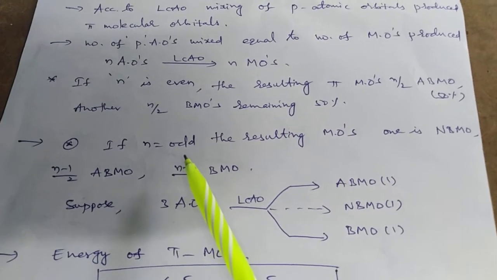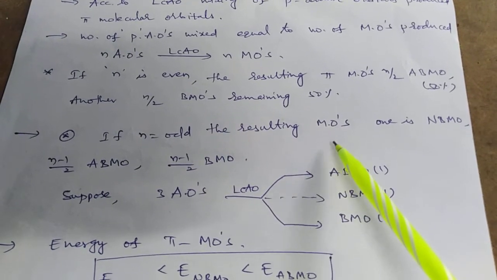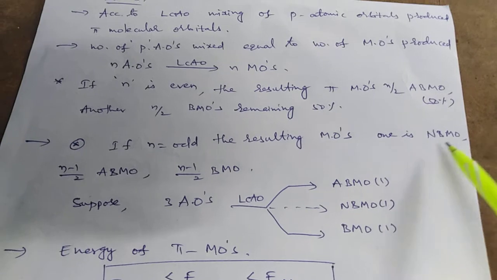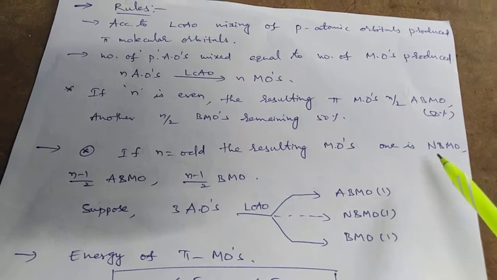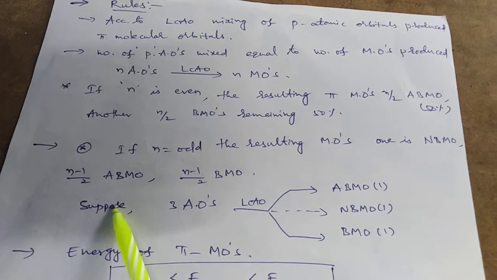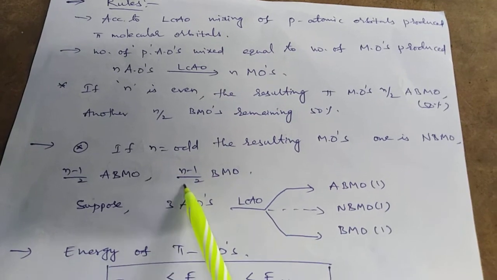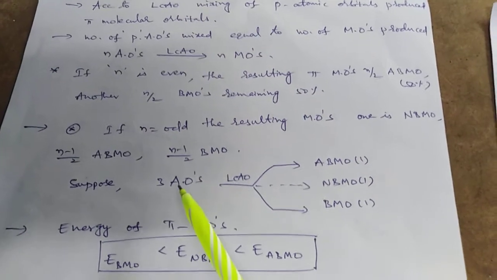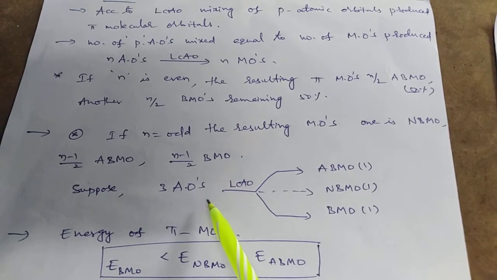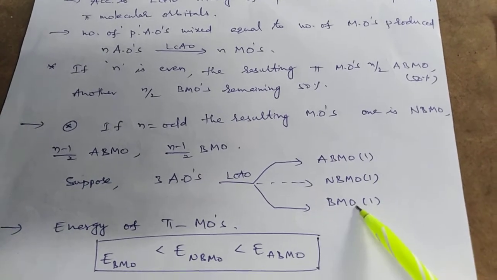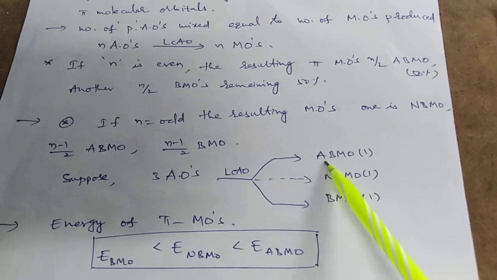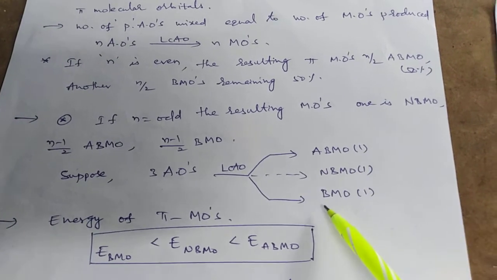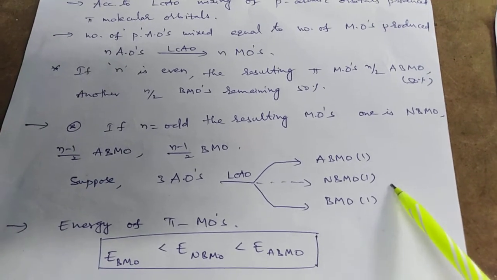If n is odd, the resulting molecular orbitals are one non-bonding molecular orbital, n minus 1 by 2 anti-bonding, and n minus 1 by 2 bonding molecular orbitals. Suppose 3 atomic orbitals are combined, 3 molecular orbitals are formed: anti-bonding, non-bonding and bonding molecular orbitals.